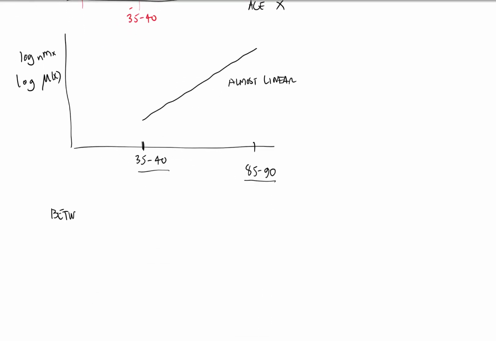Between ages somewhere in the range of 35 to 40 and 85 to 90, log nmx looks almost linear.